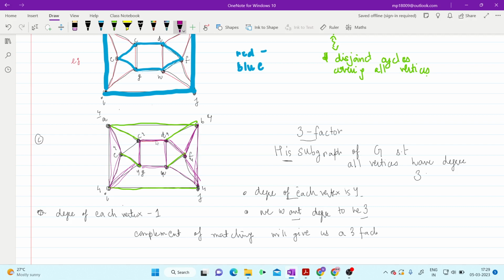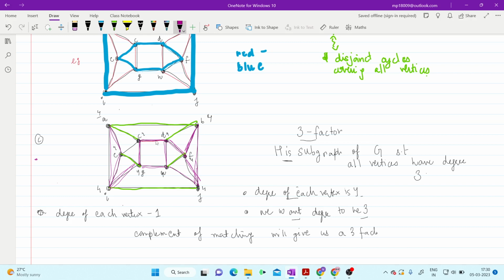Why is that? In a perfect matching, each vertex has degree 1. When we take the complement, we remove those edges, so for each vertex we remove exactly one adjacent edge.